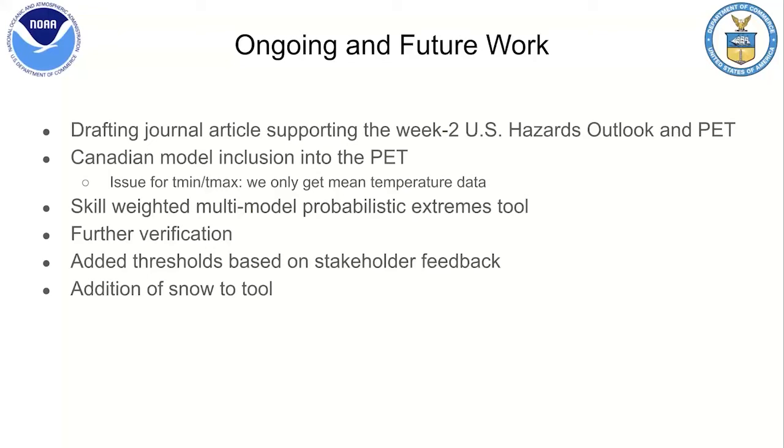So based on the skill of each of the models, determining how to weight the probabilities. We're also going to be doing further verification, in addition to the hazards verification, further verification with the GEFS 12. And ongoing is that we add thresholds based on stakeholder feedback, which changes over time. And also we are working on the addition of a probabilistic snow tool to the PET.